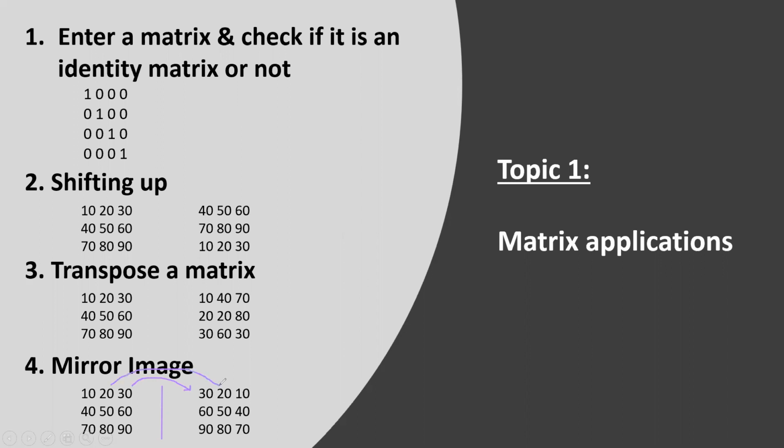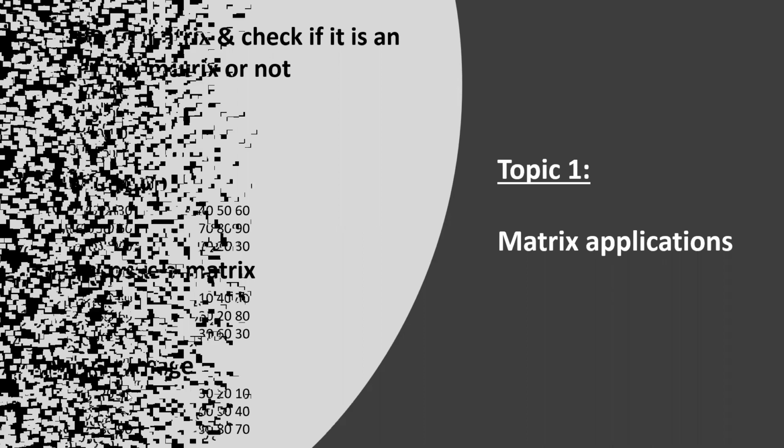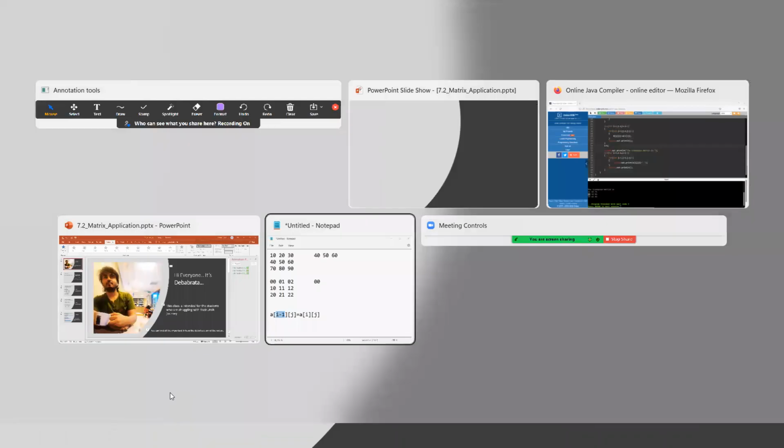I think I do not have to say much about what a mirror image is. So how can I write this program? The same thing, an easier one: you have to find the mathematical relation between these two.